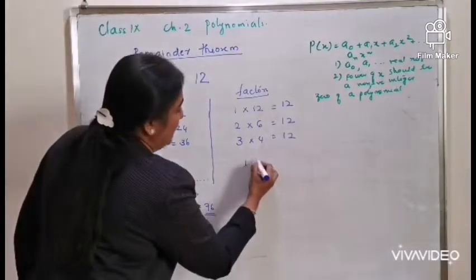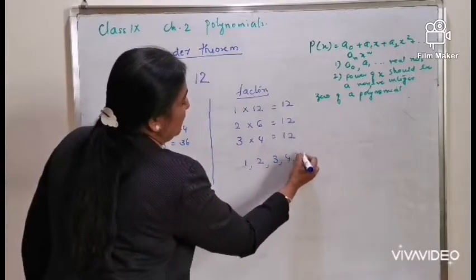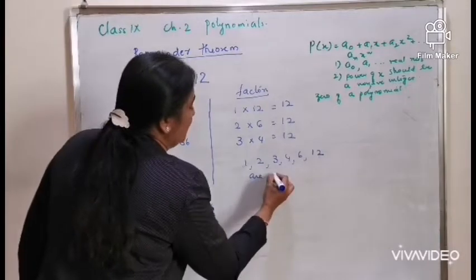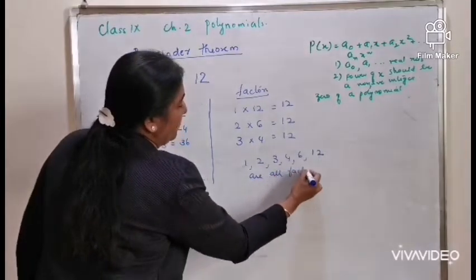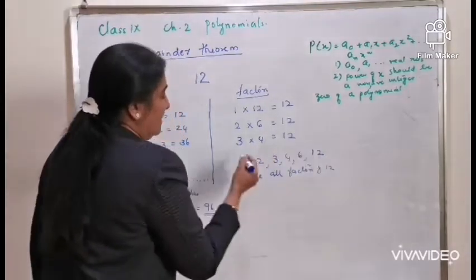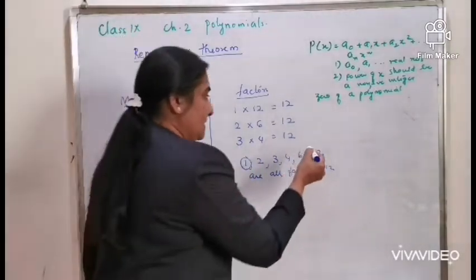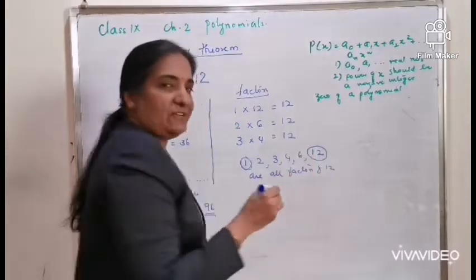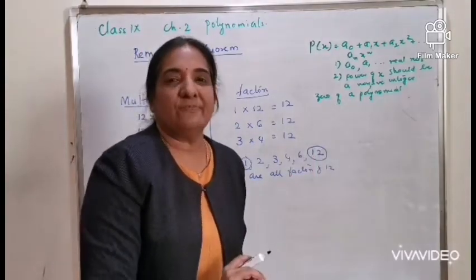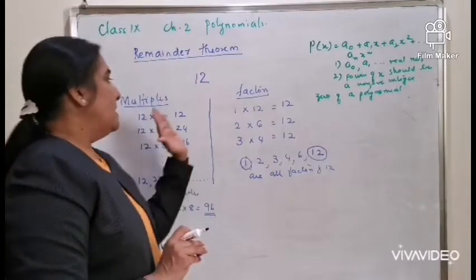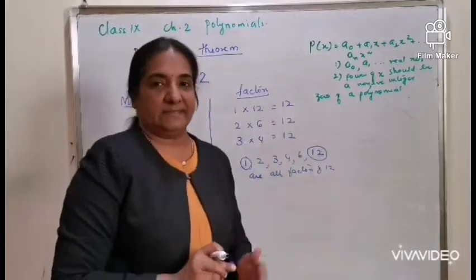Thus, 1, 2, 3, 4, 6 and 12 are all factors of 12. 1 is a factor of every number, and the number itself is a factor of itself. So, certain properties are also defined based on multiples and factors.